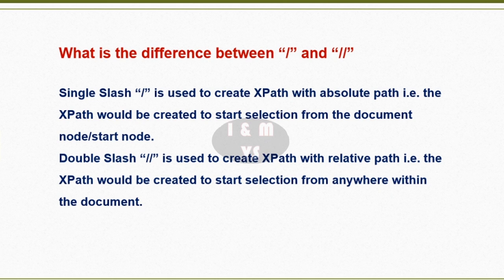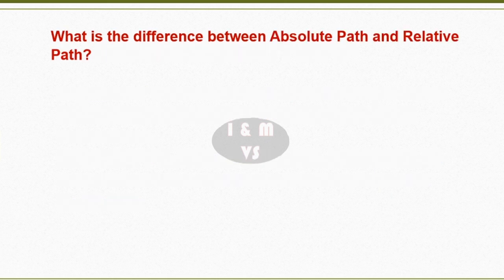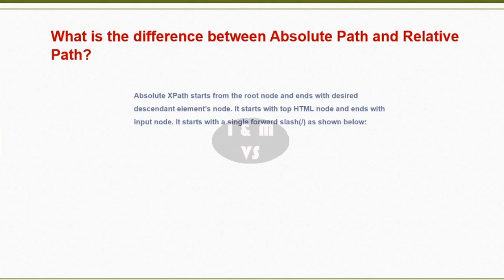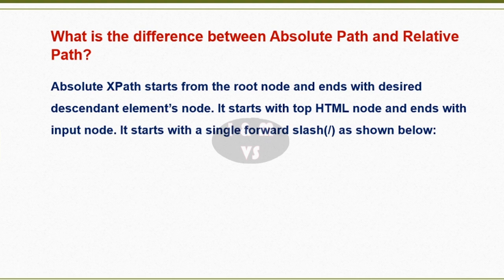Next question is, what is the difference between absolute path and relative path? The answer is, absolute XPath starts from the root node and ends with the desired descendant element's node. It starts with the top HTML node and ends with the input node.